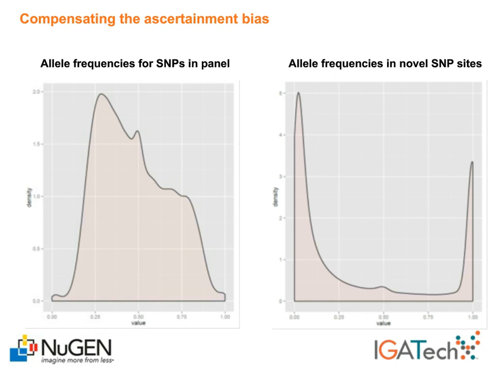But if we look at the allele frequencies coming from the novel discovered SNP sites and also genotyped sites, we can see how we are sampling very rare alleles that would hardly be included in any array-based system.